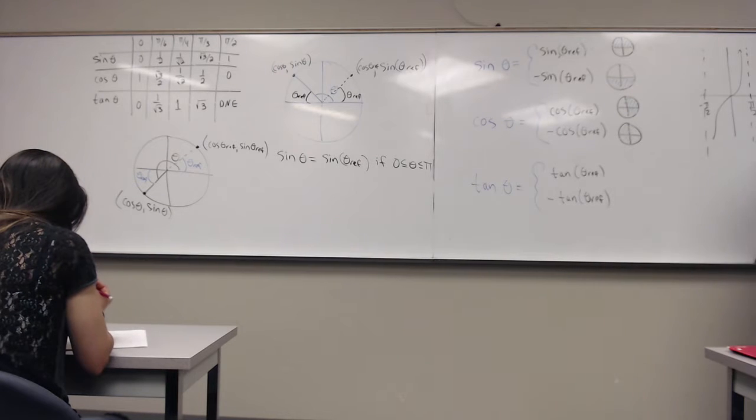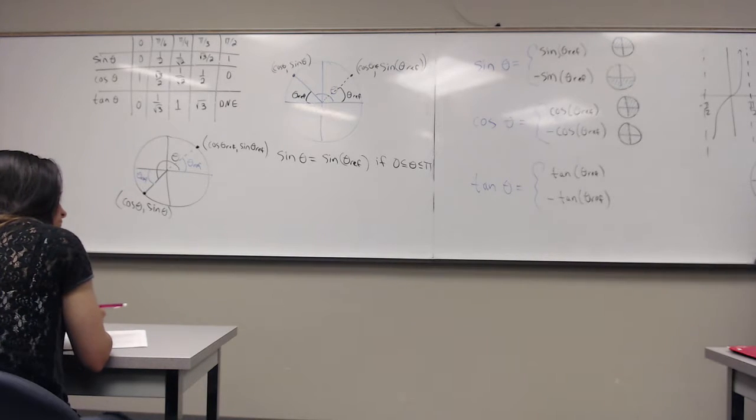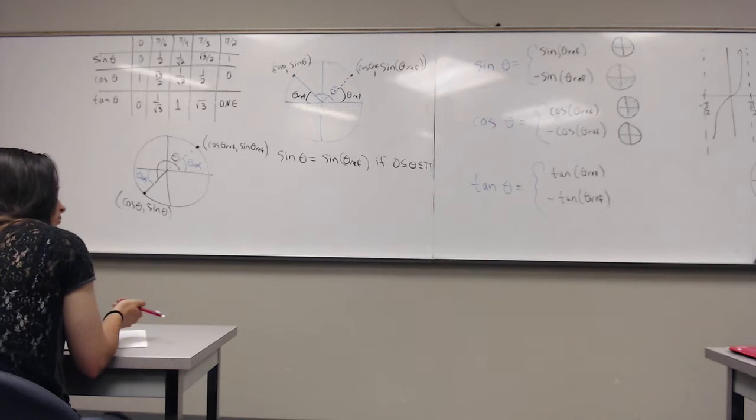Think of your unit circle. So this is minus pi over 2, that's 0, this is pi over 2. So if you're in either of those two quadrants, tangent is going to be positive.